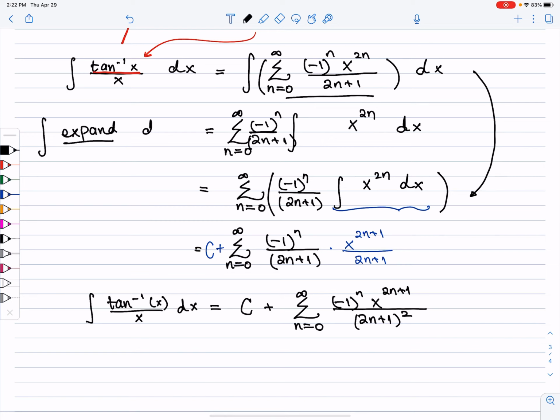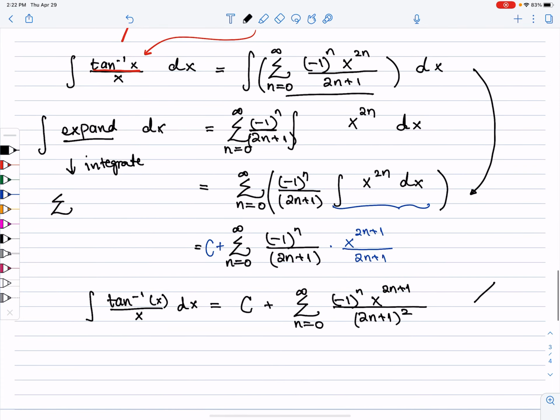So when you expand your series and then integrate, the next step will be to write the answer as a sum, as a power series. And when you write it as a power series, then this is what you should get.